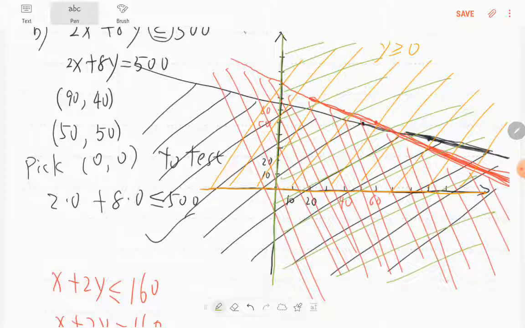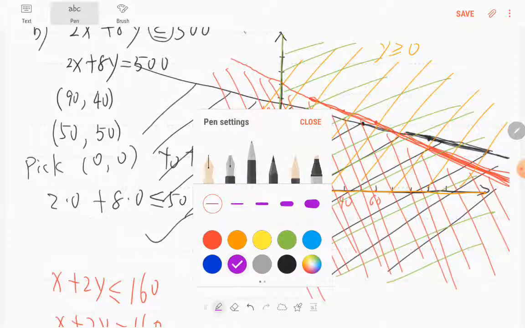So you can see which region contains all 4 colors.